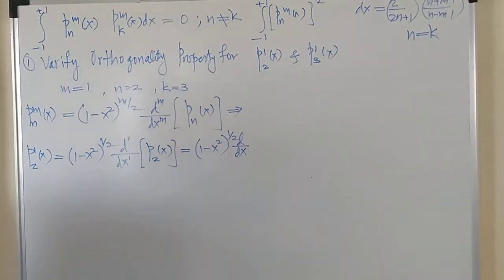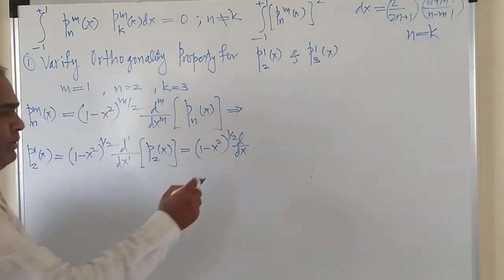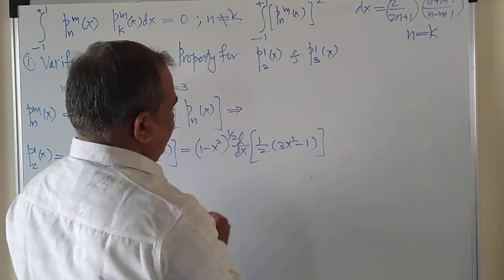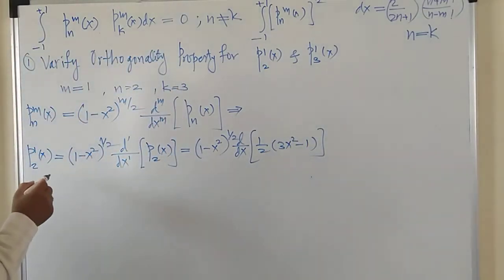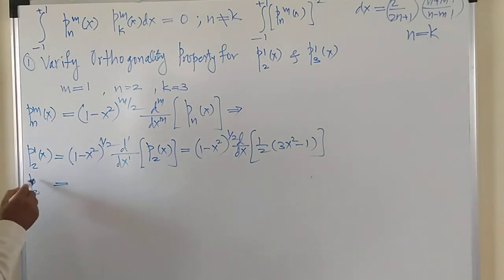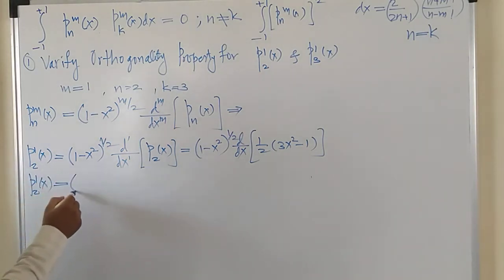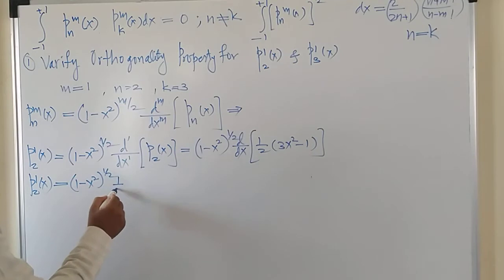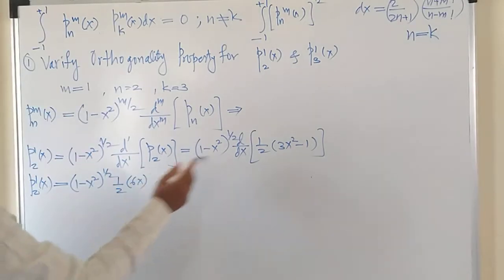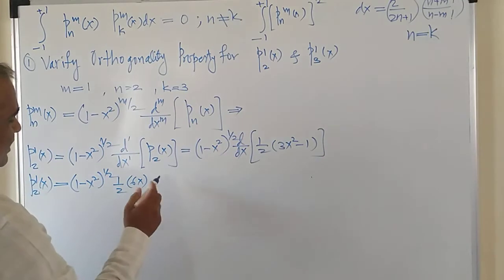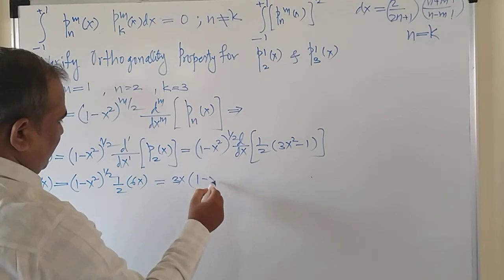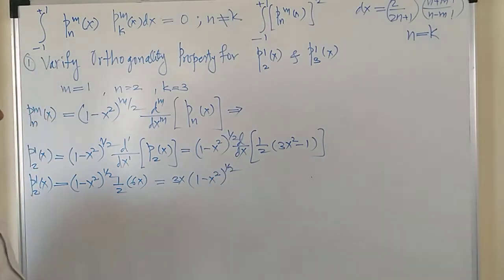The derivative of P2 of x, where P2 of x is half times (3x squared minus 1), gives half into 6x, which is 3x. So P21 of x is 3x into (1 minus x squared) raised to power half.